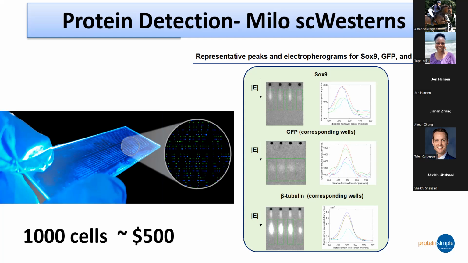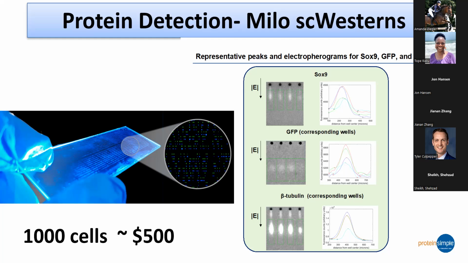For both this and for the single cell RNA-seq, what's the minimum number of cells that you work with? The chip itself has, I think, a total of 10,000 spots, and the way the cells are seeded into the individual wells is done randomly. So you basically take a certain number of cells.